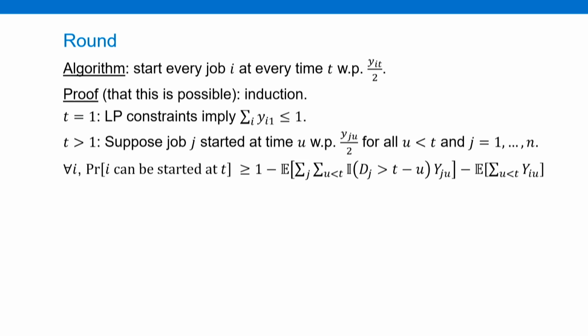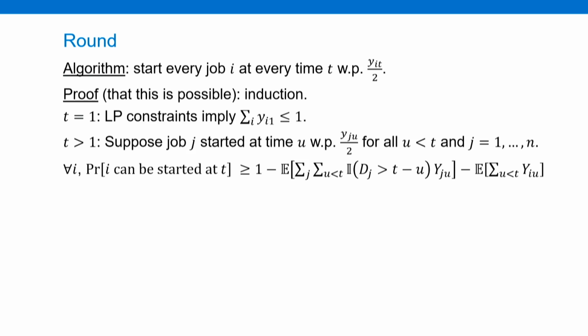I'm currently processing another job that I started before time t, so I can't start i. The second bad event is that I already started job i, and it already finished, so I can't start it at time t. I should emphasize, I can only start each job at most once, and that's again why this problem has an exponential state space, because I have to keep track of which subset of jobs I haven't started yet.